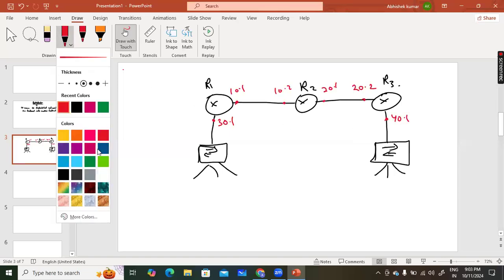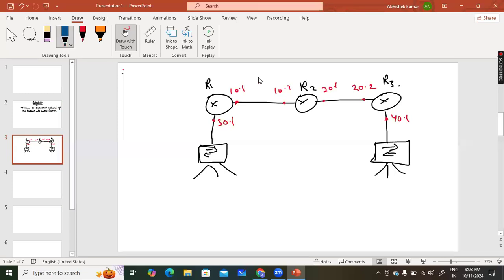Between R1 and R2, I have configured the protocol RIP. On the other hand, between R2 and R3, I have configured EIGRP. So you see that there are two different protocols running, and the data should be transferred between them.